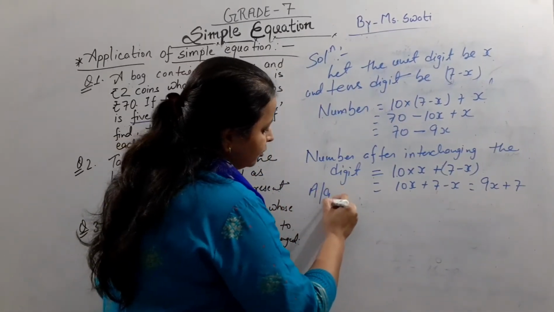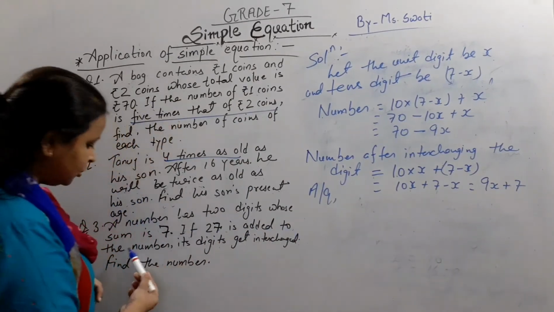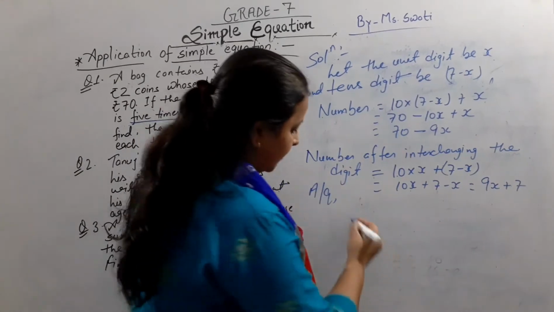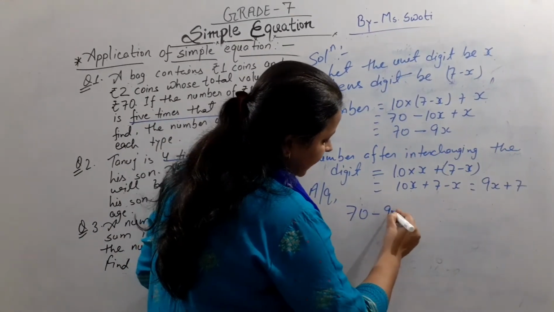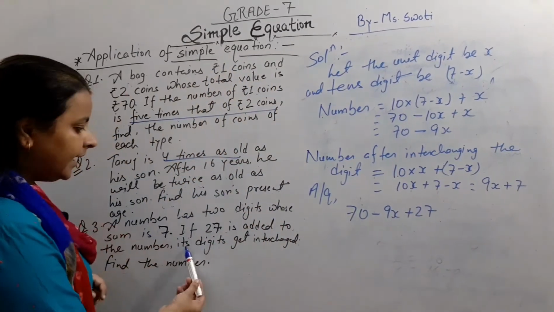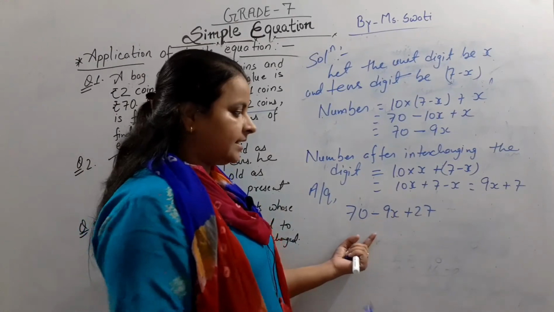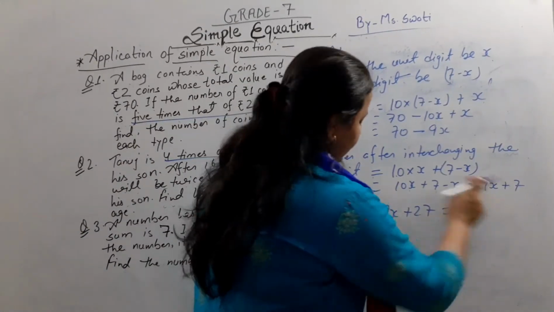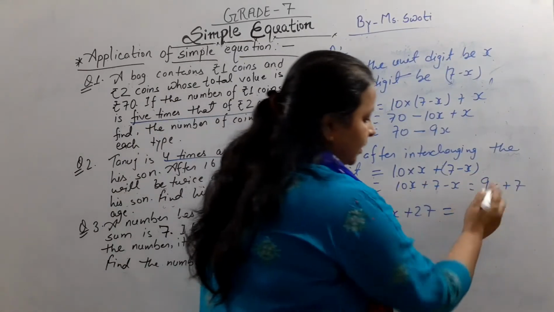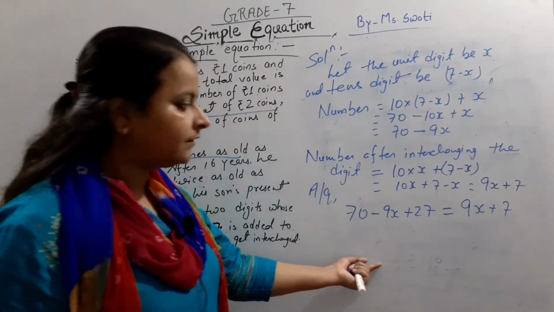Now according to the question, if we add 27 in this number, 70 minus 9x, its digits get interchanged. It means if we add 27, then this number is equal to 9x plus 7. Now we can solve the equation.